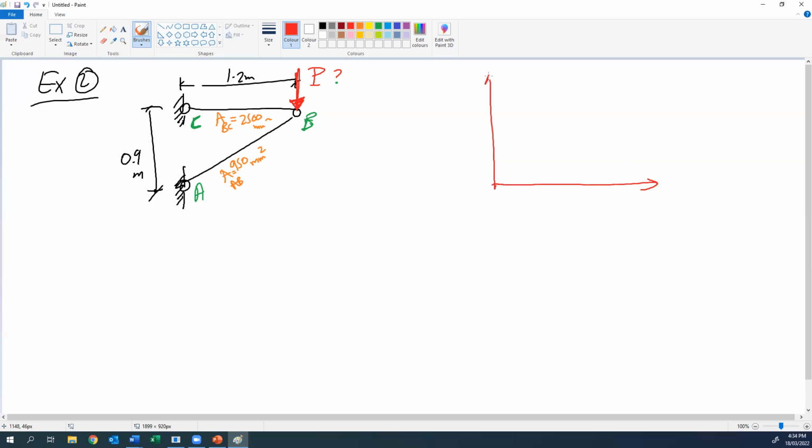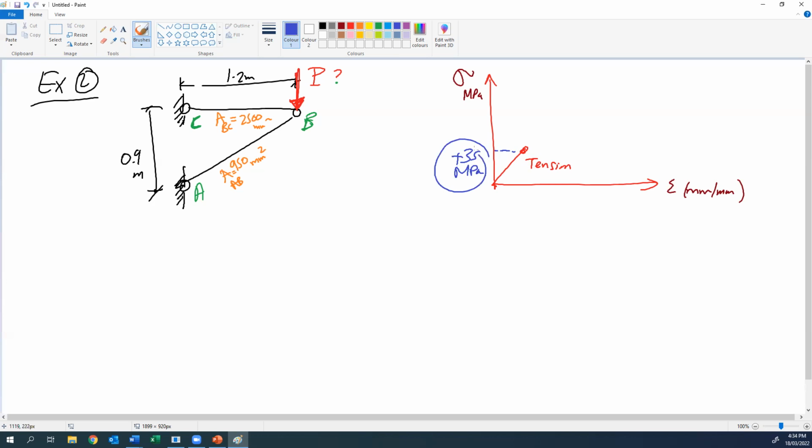Given to us as well are 2 curves. This one is for tension, with sigma, the stress in MPa, and the strain in millimeter per millimeter, because strain is unitless. The maximum tension is 35 megapascal.